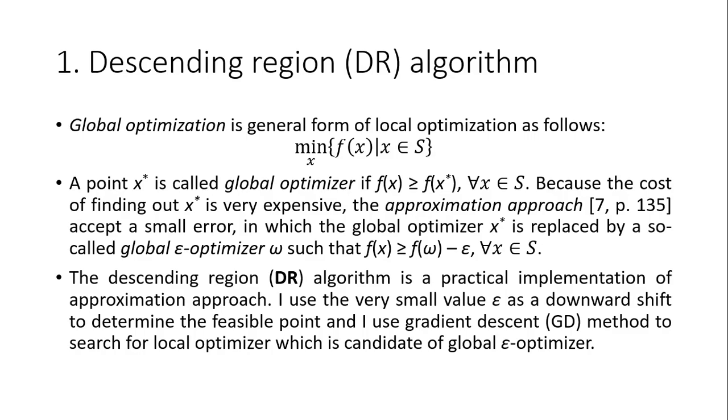The descending region DR algorithm for global optimization is a general form of local optimization.